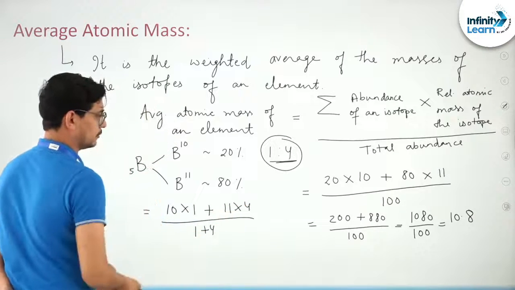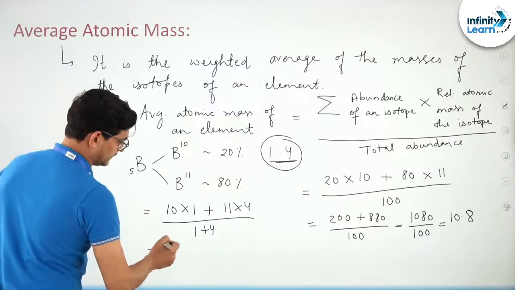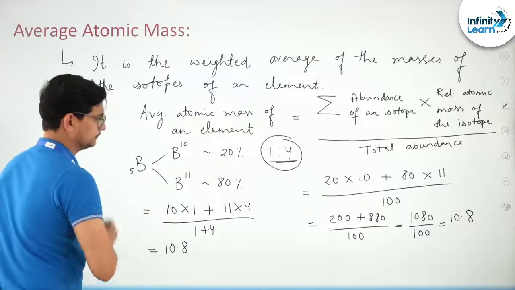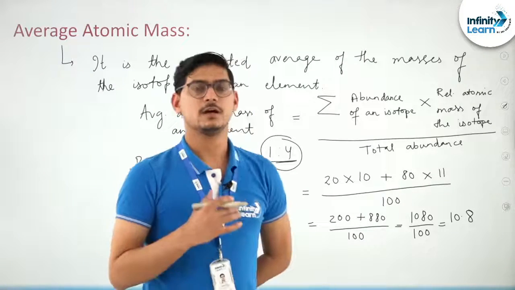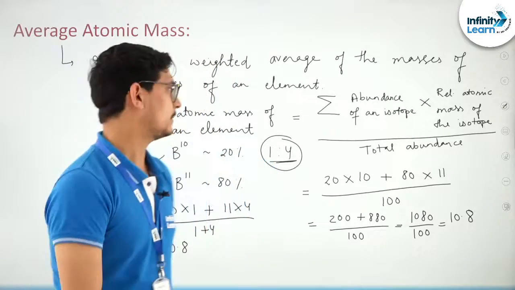Now if you work it out, it will come out to be the same, that is 10.8. So that is about the theoretical part of average atomic mass.